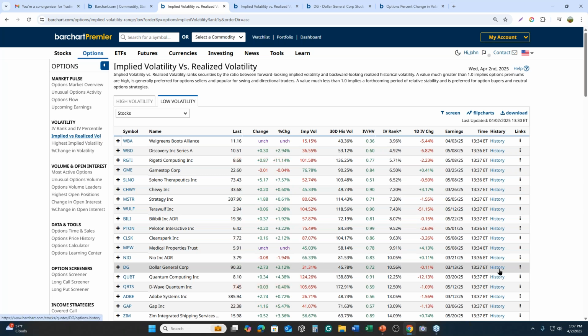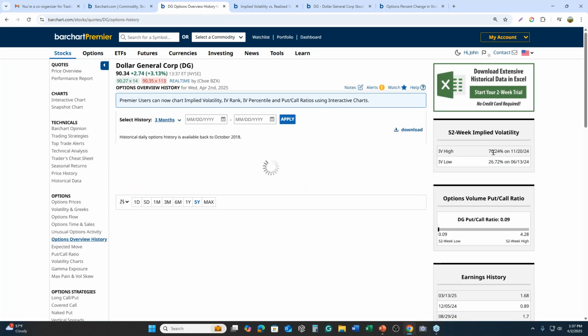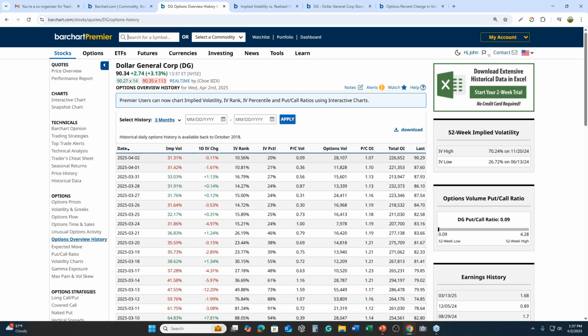If we looked at this in terms of history, we have a range of between 26.7 and 70. So right now our implied volatility at 31 is at the lower end of the range. And so again, how much could we anticipate an improvement, in this case about 15 percentage points? What would that do to those particular options that we're going to look at?